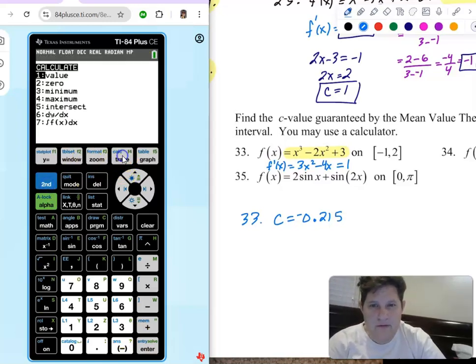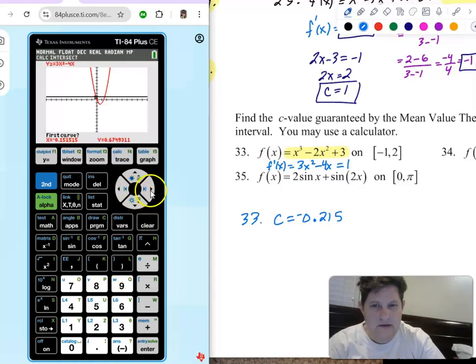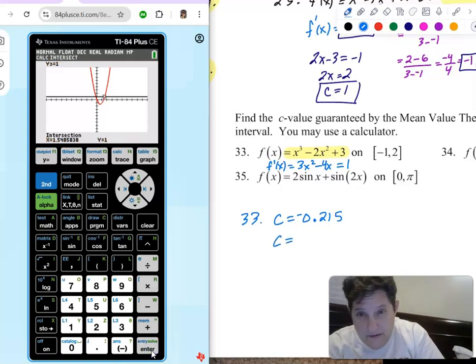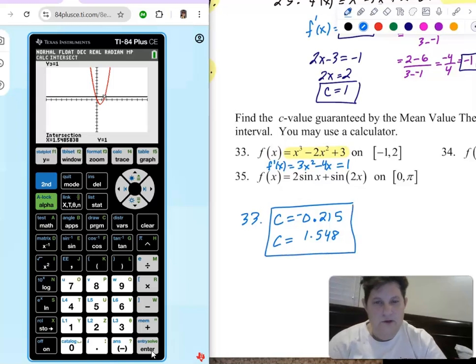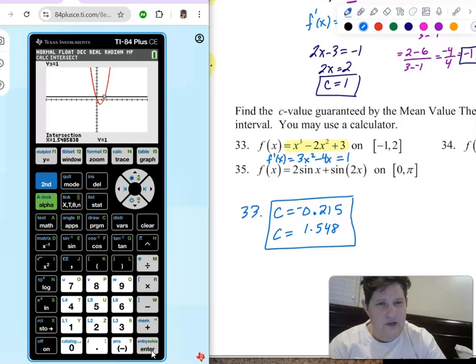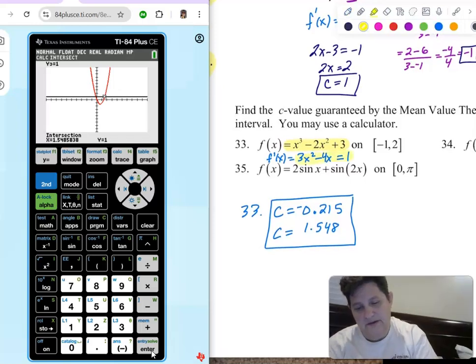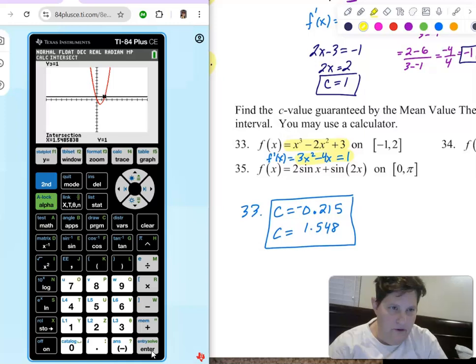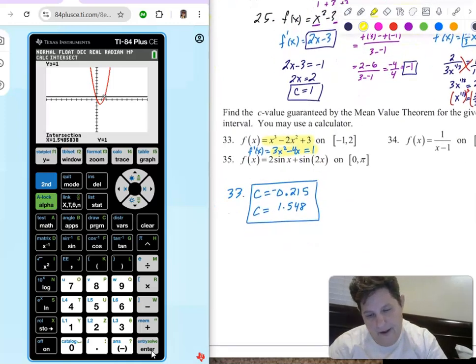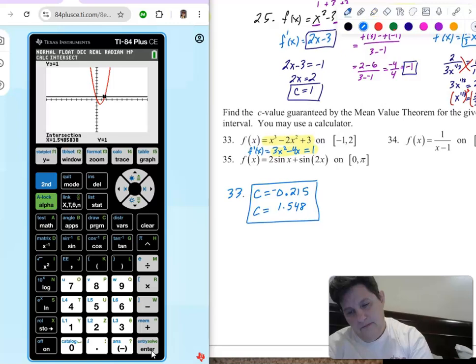And then again, I go calculate, intersect, I arrow over, and I hit it 3 times. 1.5. Okay. So both of those are in my interval, so we're going to go ahead and count both of them. All right. The reason it said that you may use a calculator is that's what you would have to do. Quadratic formula. We don't want to do that. Right. Okay.